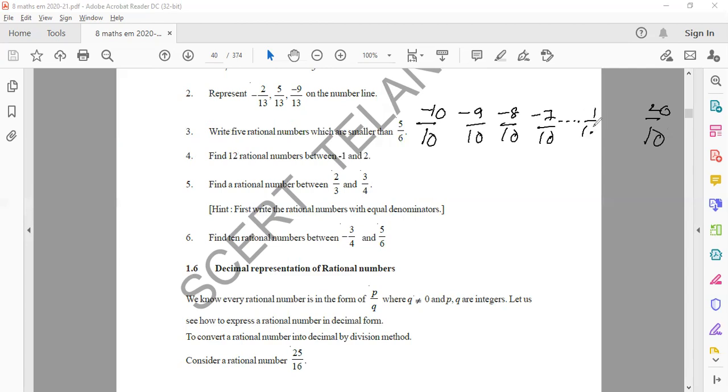If you write 1 by 10, 2 by 10, 3 by 10, and so on, up to 19 by 10, you can write down. In between, we have n number of values, out of which, if you require only 12 numbers, you can take 12 numbers. So I wrote many numbers in between. You can take like this. This is one of the easiest procedures. Am I clear?